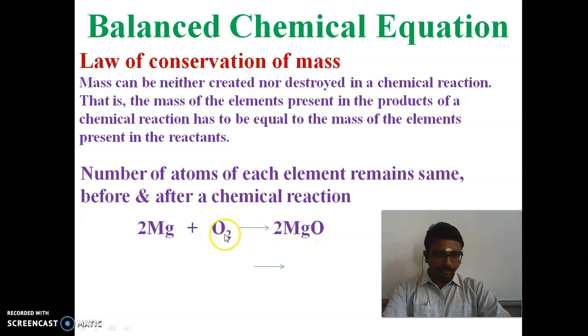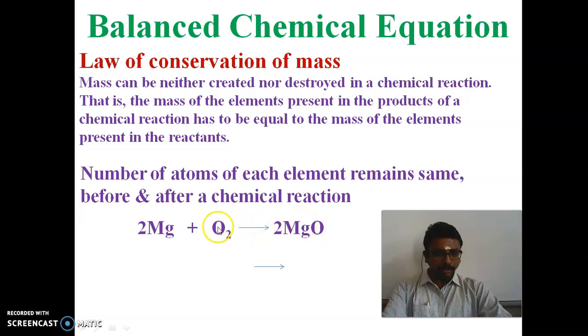What is the formula for oxygen? O2. It is a diatomic molecule. So here also the 2 will be there. And here also the oxygen contains how many atoms? 2. The magnesium is also 2. In the reactant it's also 2, and in the product the number of atoms for magnesium is 2.